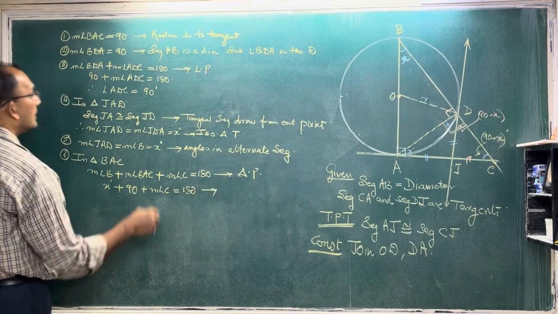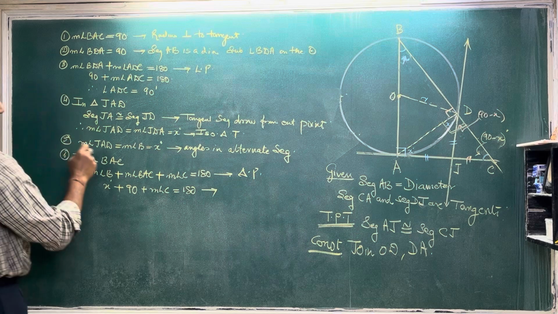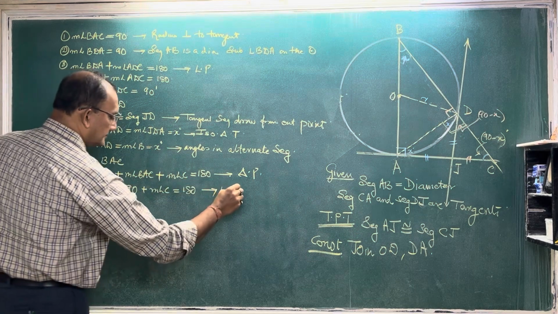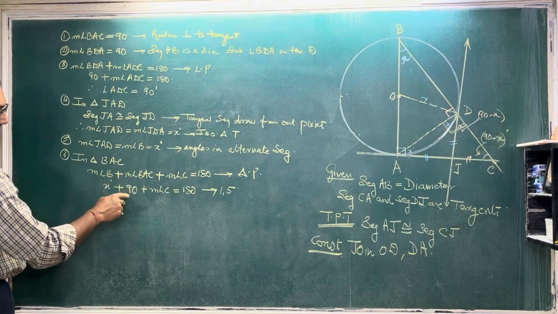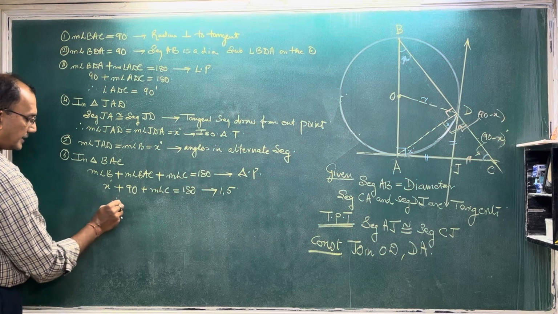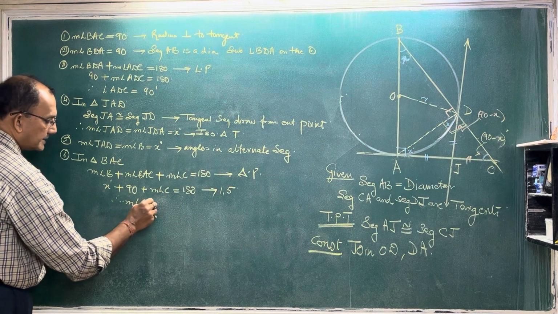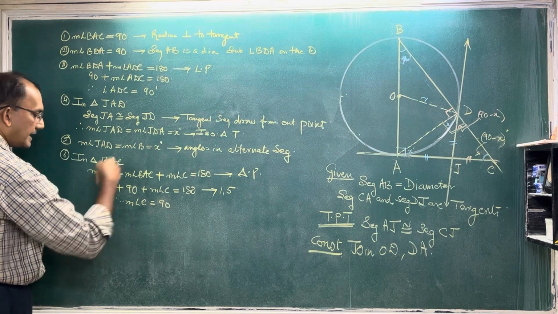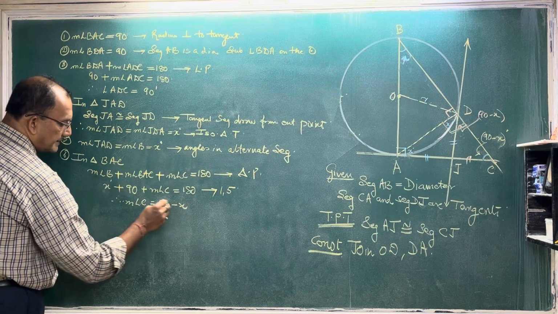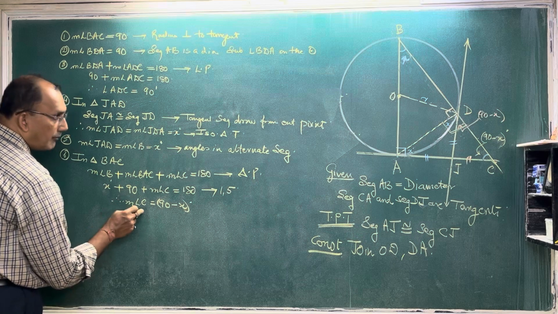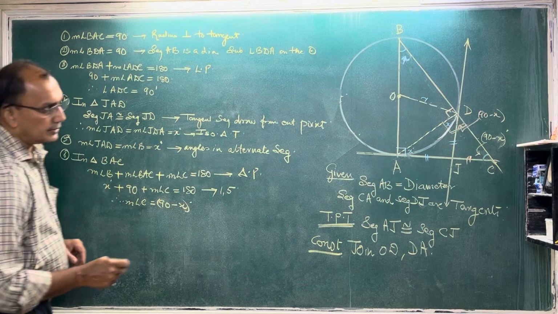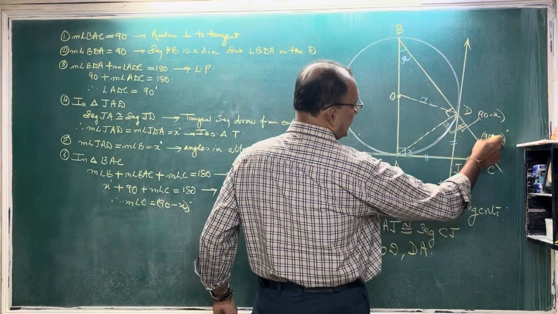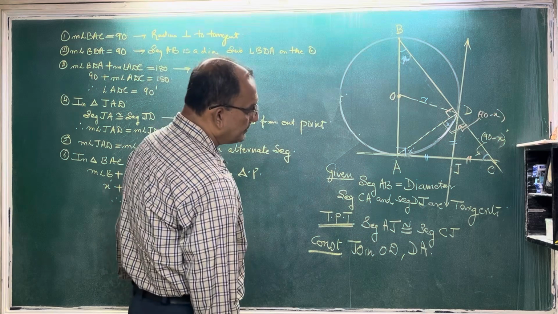I am getting these values from 1 and 5. Now I'll take X and 90 on the right hand side. That gives me measure angle C is equal to 180 minus 90, which is 90, and this plus X goes on that side as minus X. So I got the value of angle C is equal to 90 minus X. Okay.